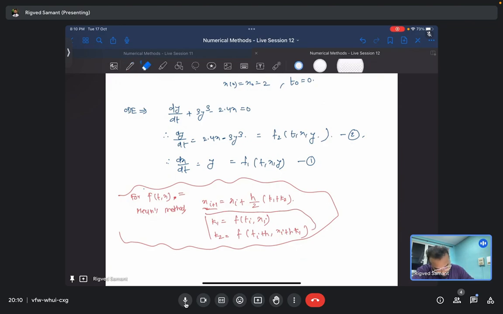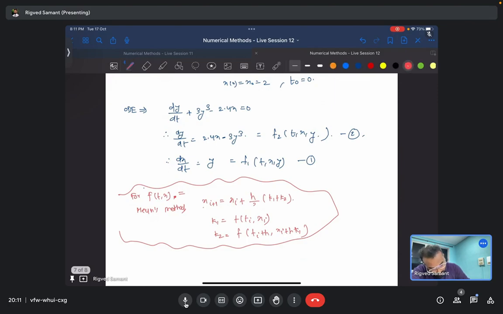Now what will happen is, because there are these two equations, for f1 there would be two k's, that is k1y and k2y, and for this there would be two k's in terms of x, right?